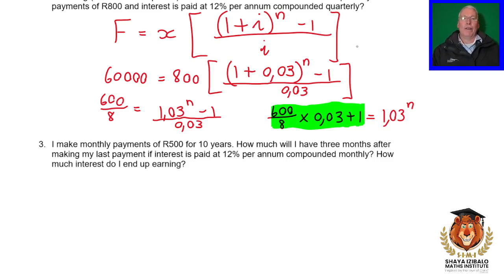So the final answer, and I'm going to write it up here, is N is going to be log base 1.03 of this stuff: 600 over 8 times 0.03 plus 1. Okay, let's put all that into our calculator.